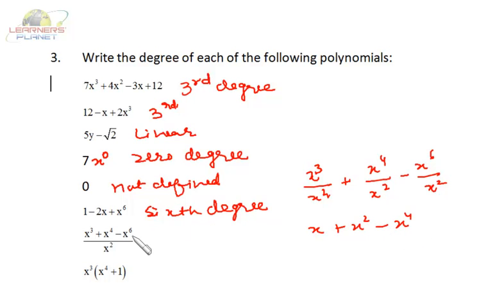In this case the variable is having the highest power as 6, but it is being divided by x square also. So finally the variable will be having highest power as 4. So it's a 4th degree polynomial. We should be very clear about it. If there is any variable in the denominator, then simply simplify it, then you should find the highest power of the variable. So it's a 4th degree polynomial.